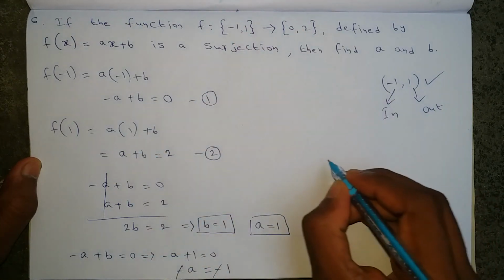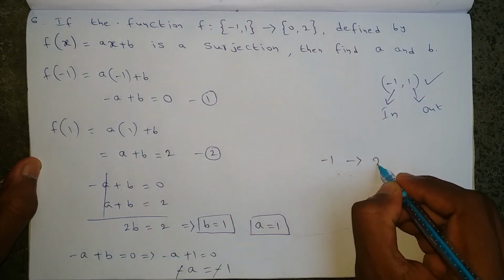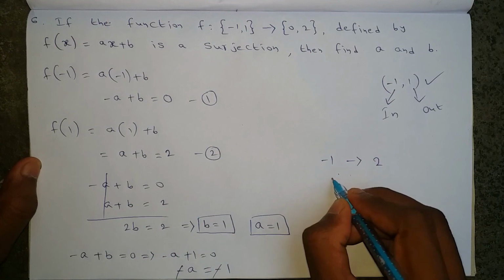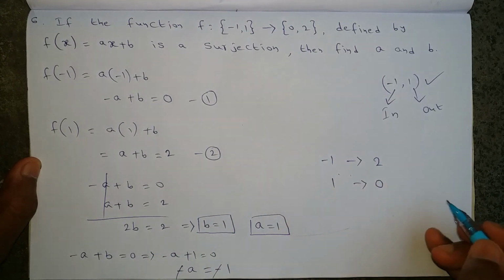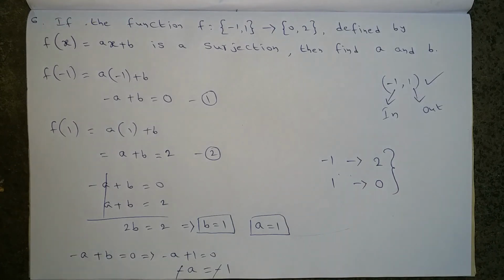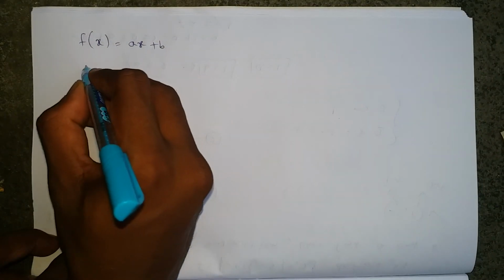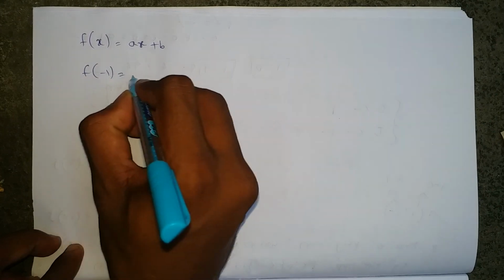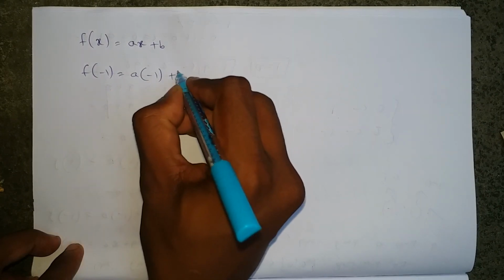In case minus 1 is giving the answer 2 and plus 1 is giving the answer 0, this second case we are going to solve now. So it is very simple. Again, first we will substitute minus 1 and then we will substitute plus 1. First substituting minus 1. F of minus 1 is a into minus 1 plus b.